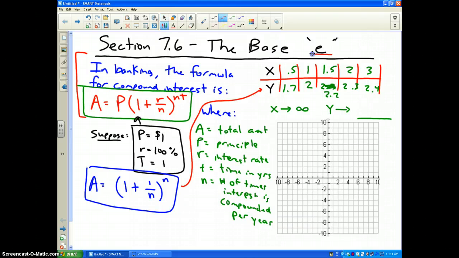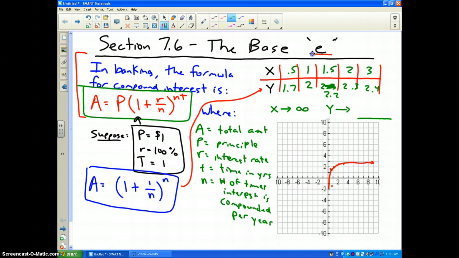Now, if I was to graph this, 0.5, 1.7, somewhere in here, 1, 2 is about right there, 1.5, 2.2, and then I go to 2, and I get to 2.3. 3 is at about 2.4. And what you're going to notice is this particular graph, if I can draw it well on my smartboard, goes something like this.